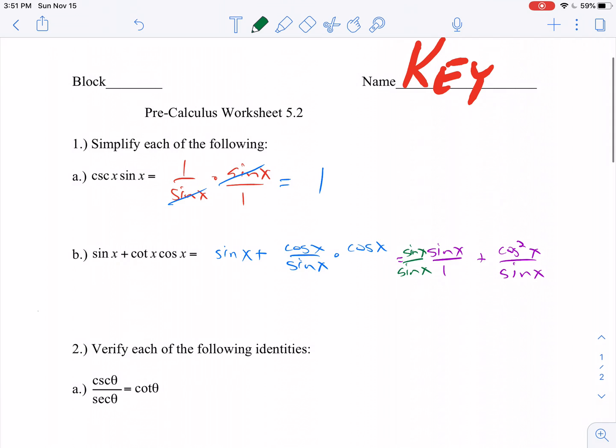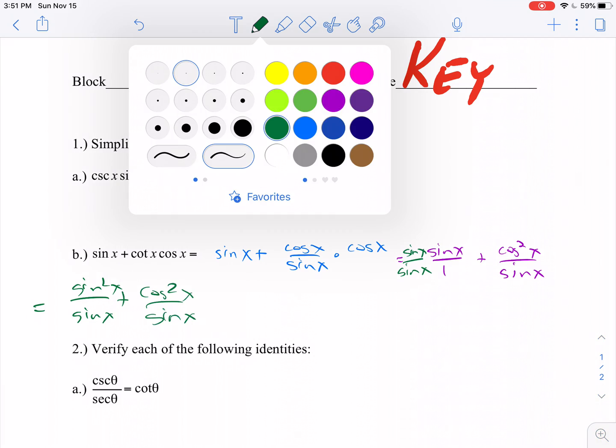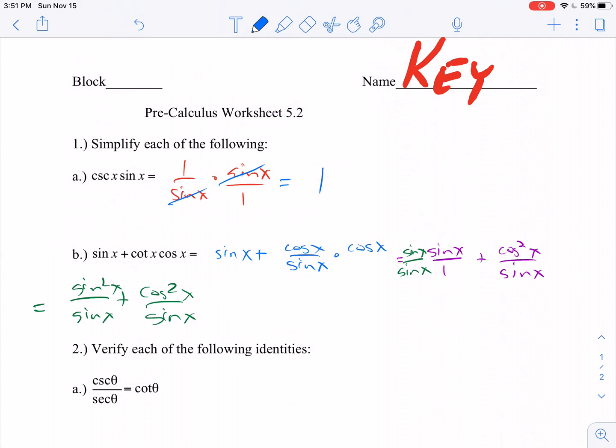And so now I have sine squared of x over sine of x plus cosine squared of x over sine of x. And some of you might have skipped that step, but the key is my two denominators are the same, so that's my common denominator. And then now on top, I have sine squared of x plus cosine squared of x.